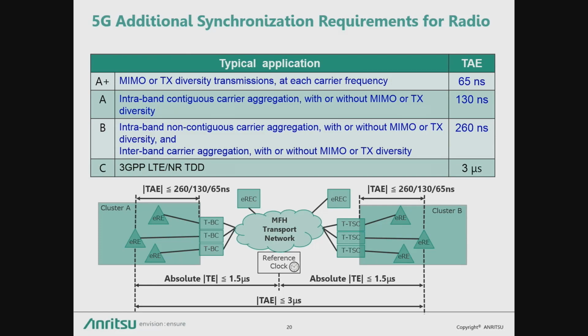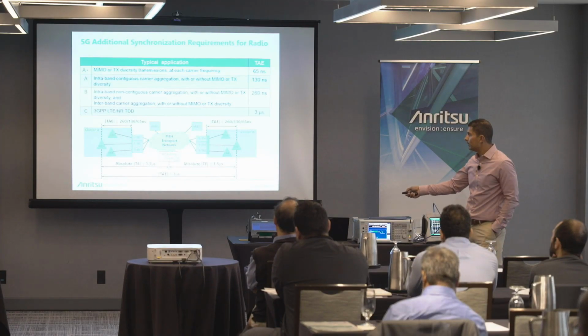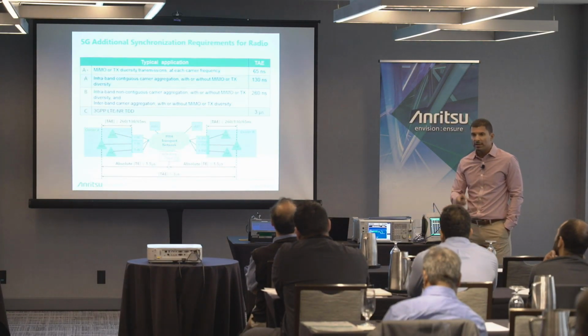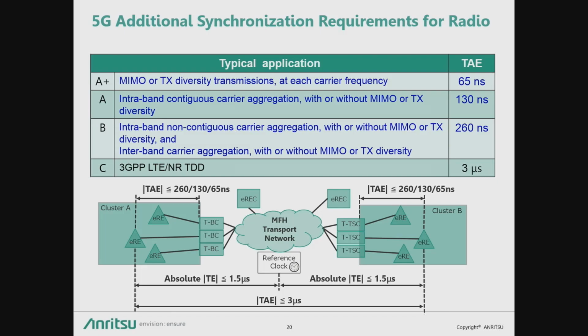This is just at the radio to the boundary clock itself. This is very close, and it's part of the reason why you see the grandmaster being put directly into the CRAN, to be as close as possible. Because if I have an absolute timing error of 1.5 or 3 microseconds, I can push that clock a little farther out. But if I have to support applications such as MIMO, I don't have much room to work with. Does that make sense?